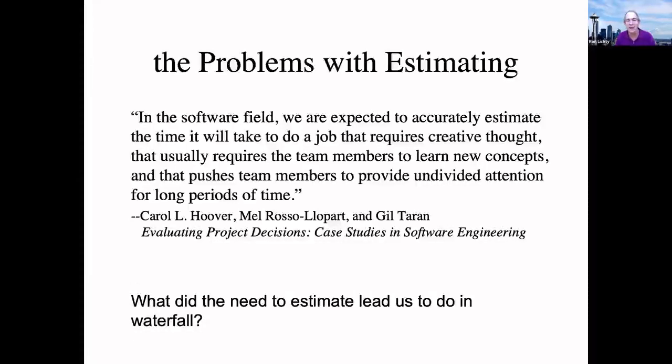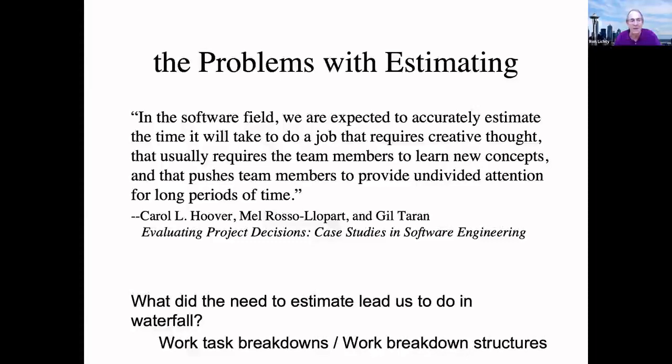So what did the need to estimate lead us to do in our waterfall days? And I see this happening way too often in agile days as well, which is some agile version of work task breakdowns or work breakdown structures.